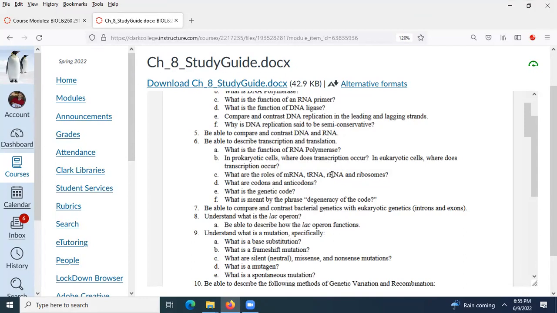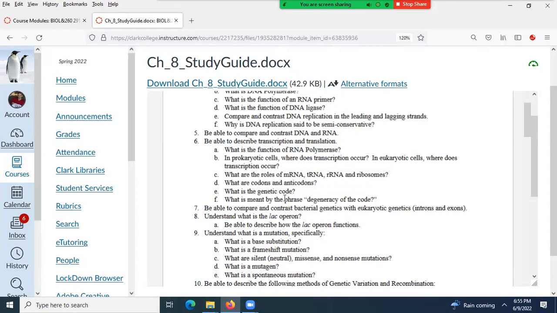You should also discuss what the roles of messenger RNA, tRNA, and rRNA are, and how they react with rRNA making the ribosomes with ribosomal proteins, and how together they all work to perform protein translation. We should discuss what a codon is and what an anticodon is.